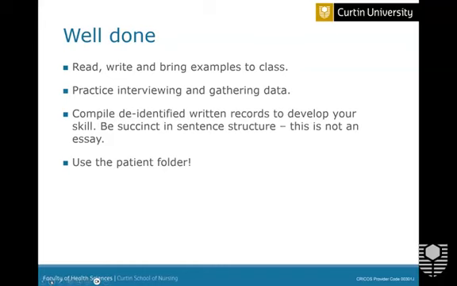You will be practicing interviewing and gathering data during laboratories and the simulation in preparation for clinical practice. And what we do is we compile de-identified written records to develop your skills. So that's what we do with our patient folder. So we're going to use those in the labs as well as in the simulations.